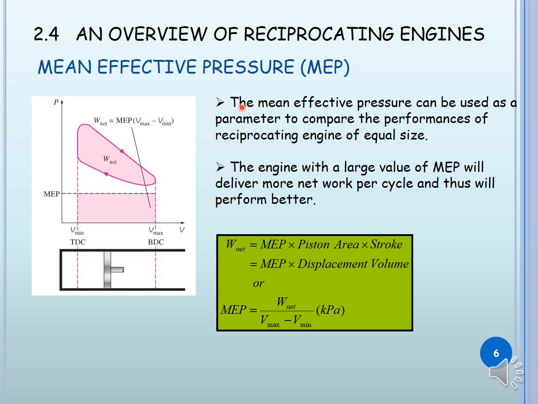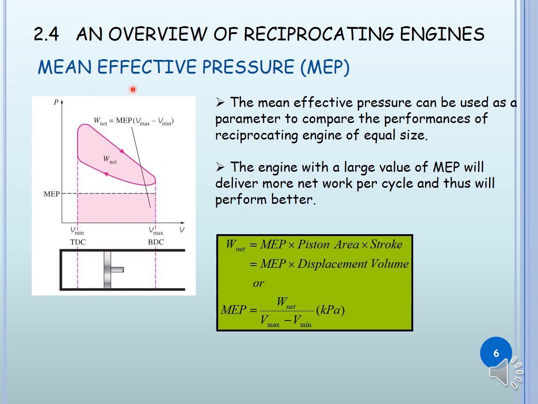Then why do we need to know about the mean effective pressure? This is because the mean effective pressure can be used as a parameter to compare the performance of reciprocating engines of equal size. When the engines are equal, then we can compare their performance by using mean effective pressure, MEP.